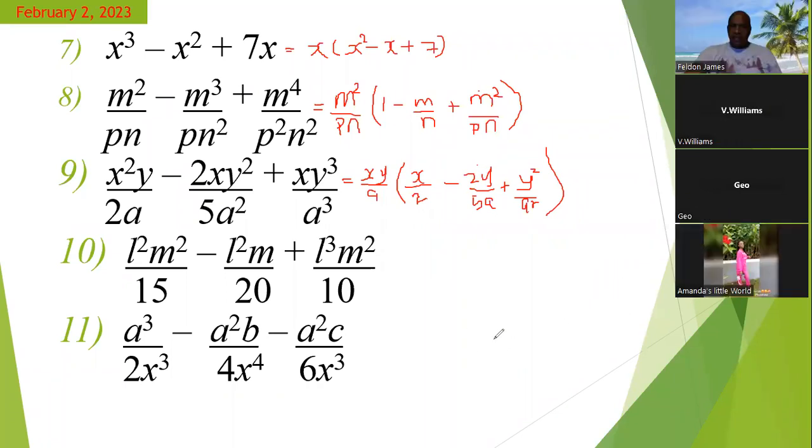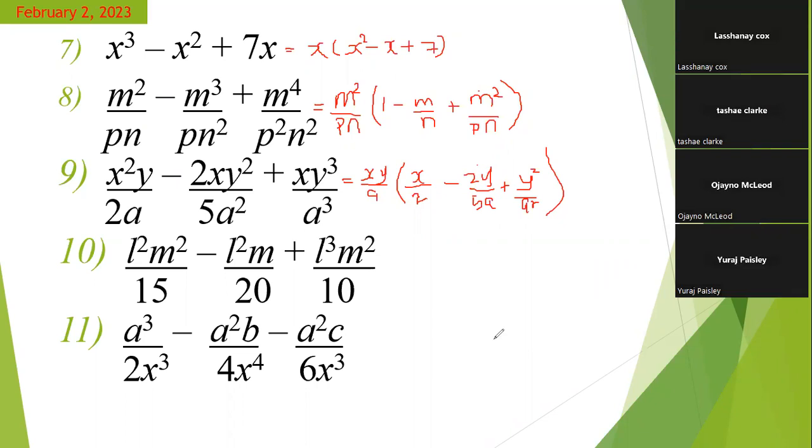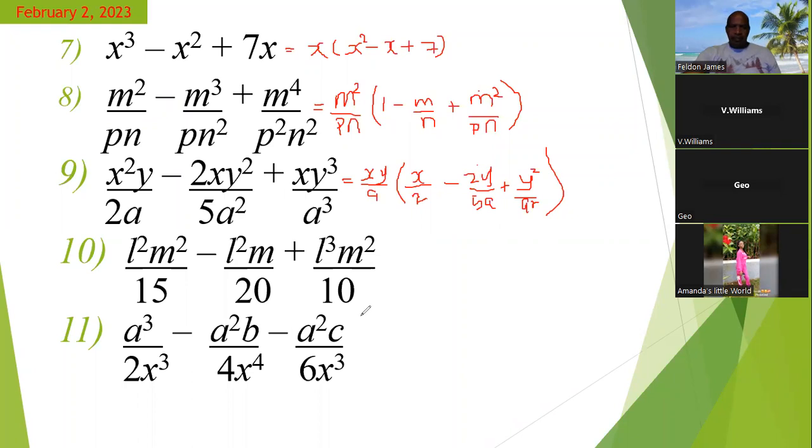All right, question 10. Anybody want to go for this one, or do I have to call on someone? Mr. Campbell. Yes, sir. Would you like to do the question?